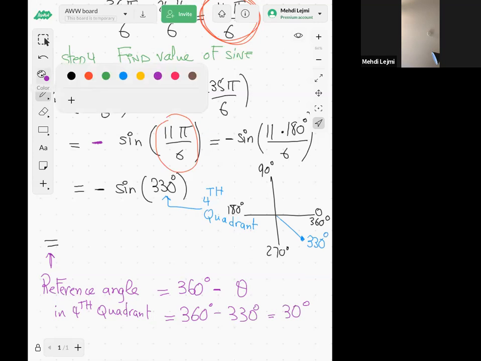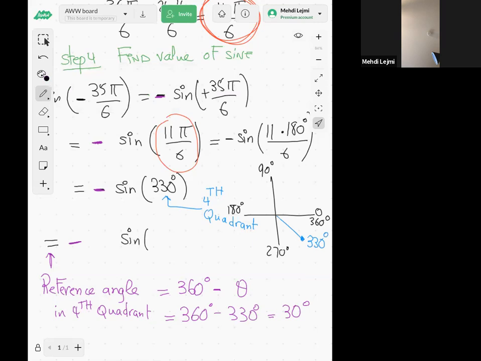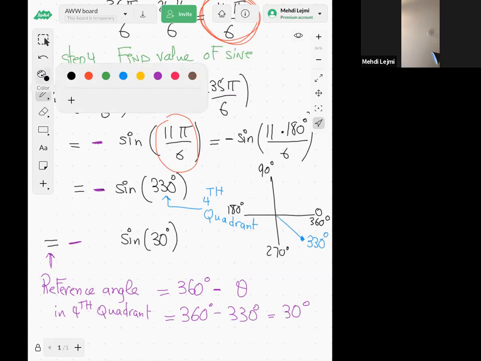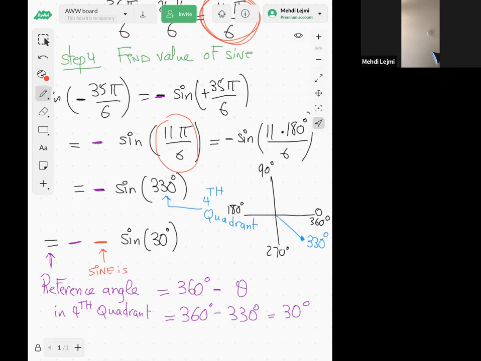We have this minus here. Using the reference angle, sine of 330 is sine of 30 degrees, but we have to be careful because we are in the 4th quadrant, where sine is negative. So there is another minus here.